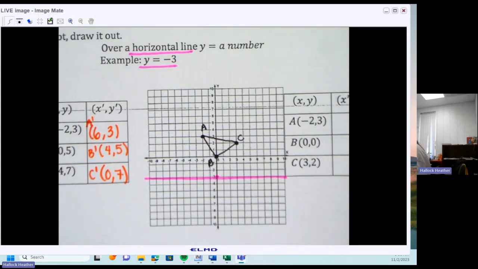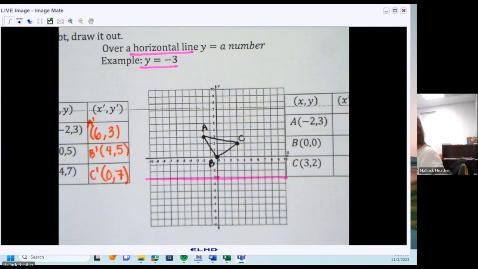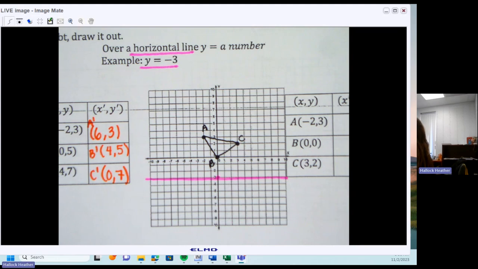Yes, -3, 3 down from the origin. So use your counting method, try to figure out where B is going to fall, where C is going to fall, where A is going to fall. So instead of going side to side, you're going up. You're going to go that same distance down.